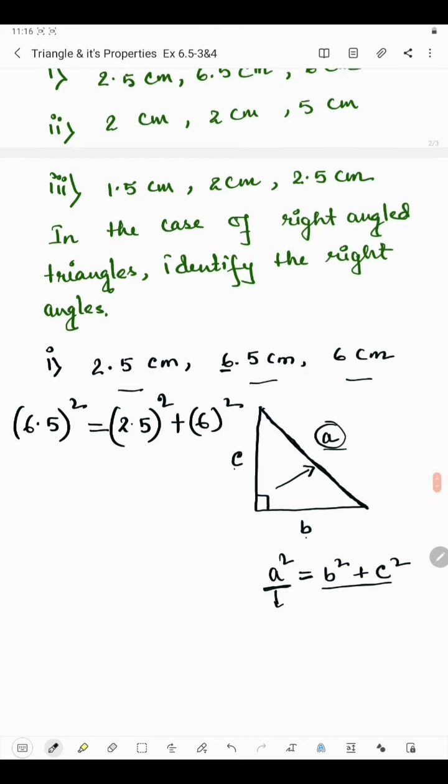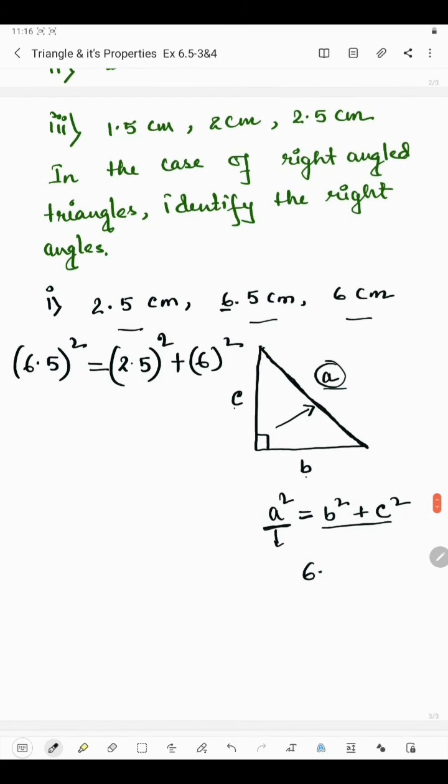Now 6.5 square is how much? 6.5 square means 6.5 into 6.5, right? So 5 5s are 25, 5 2 carry, 5 6s are 30, 30 plus 2 is 32. Now 5 6s are 30, 0 and 3 carry, 6 6s are 36, 37, 38, 39.